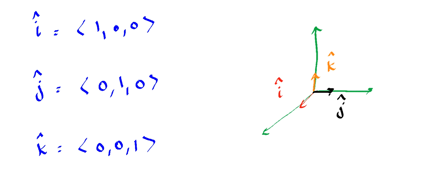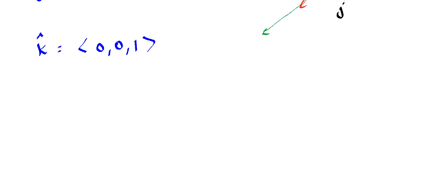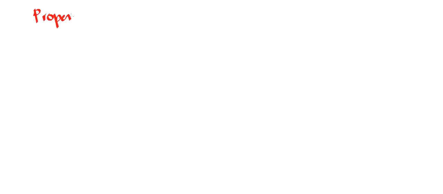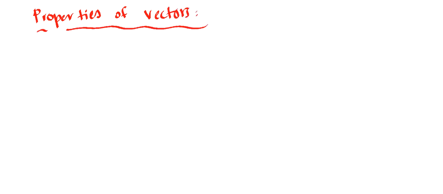Last thing I want to talk about in this video is some of the properties of vectors. Some of the properties that you need to know, and you can prove all of them. I'm not going to prove any of them, but they all should make sense to you.